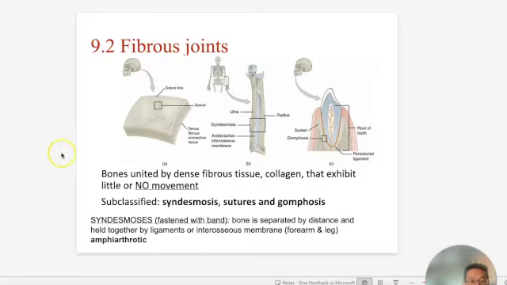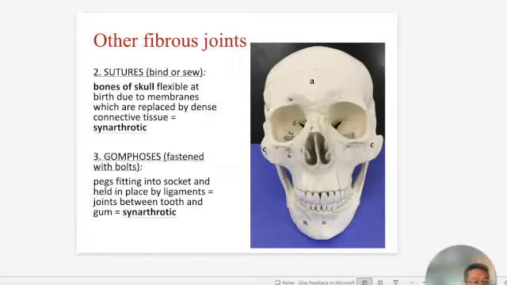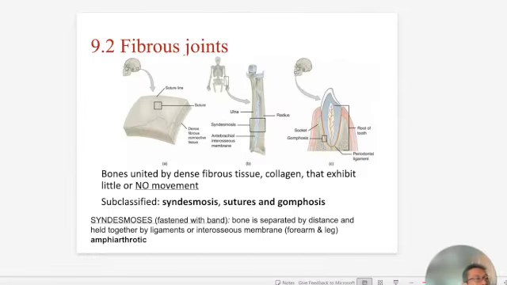Okay, fibrous joints. When bones are next to each other, they are connected by fibers, by fibrous connective tissue.